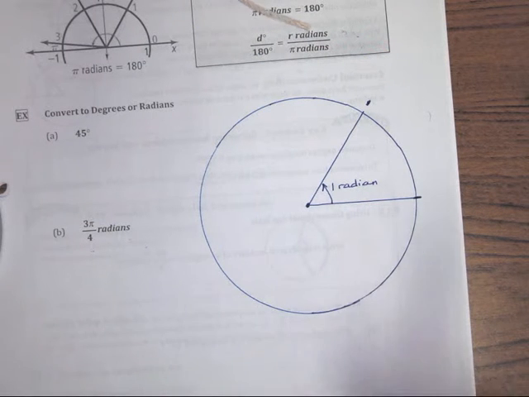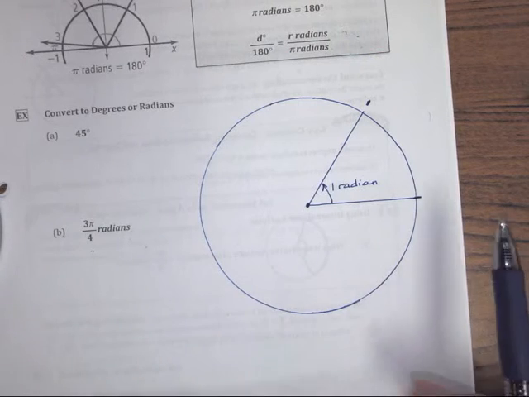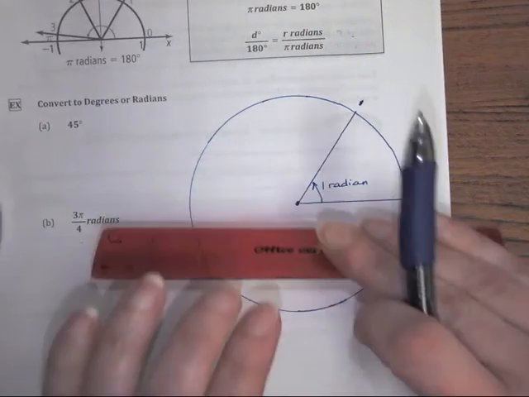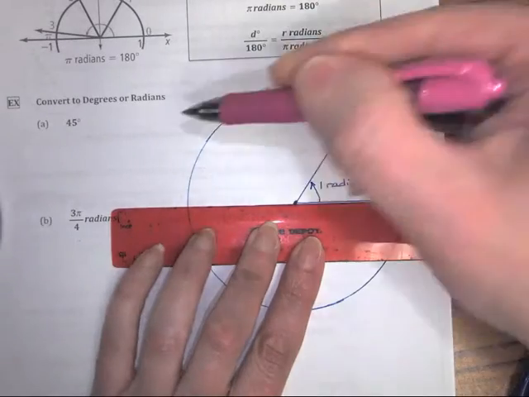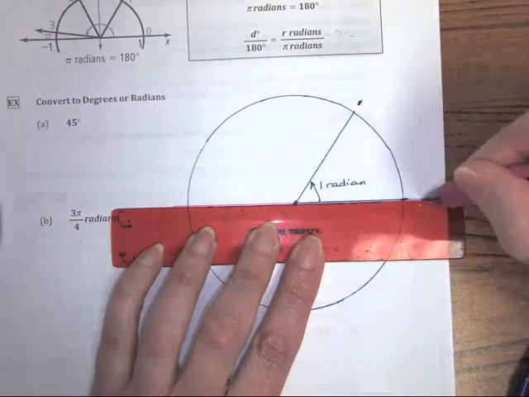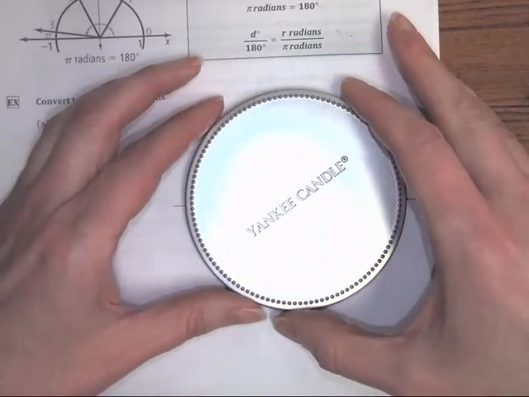So the question is, how many radians do you see in a whole circle? What I like to do is take a look at just a half circle. So we'll go to the pink marker here, and we'll mark off a half a circle, because that's about all of this that I marked up on the string.